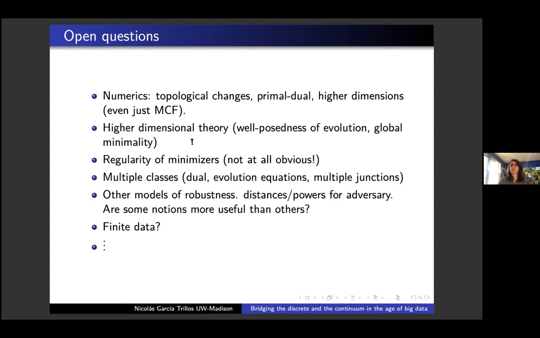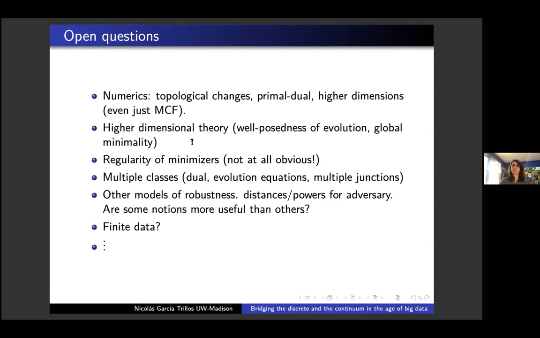I mean, at least for epsilon greater than 0, you do not see directly a perimeter or something showing up, and yet things do get regularized. So showing something about regularity of minimizers of the adversarial learning problem would be a direction for analysis. Multiple classes, everything needs to be done.